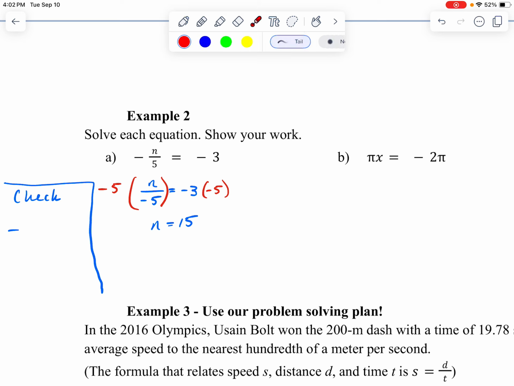Since we switched this around, let's just leave it the way we had it. So if n is 15 divided by negative 5 equals negative 3. And 15 divided by 5 is 3. I've got one negative here in my division, so this is good.